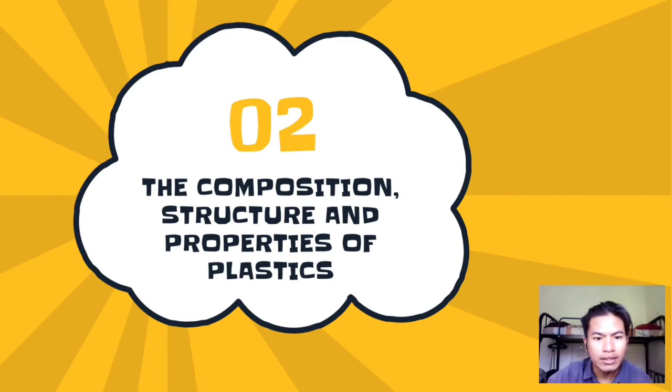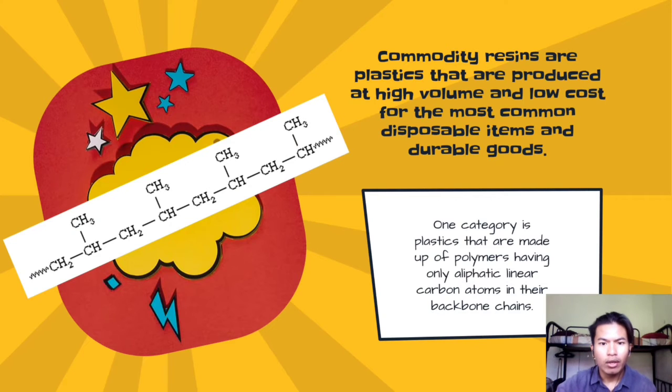Okay, the next slide is the composition, structure, and properties of plastic. Commodity resins are plastics that are produced at high volume and low cost for the most common disposable items and durable goods. They can be divided into two groups.